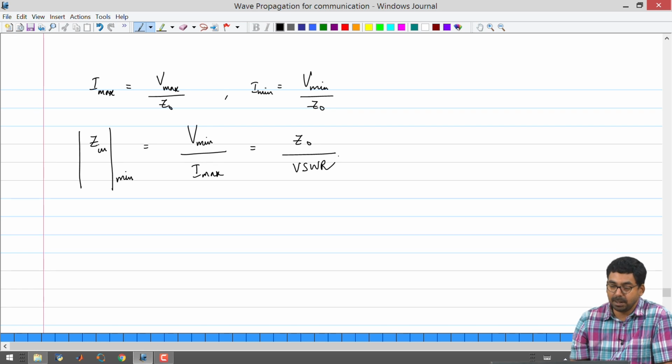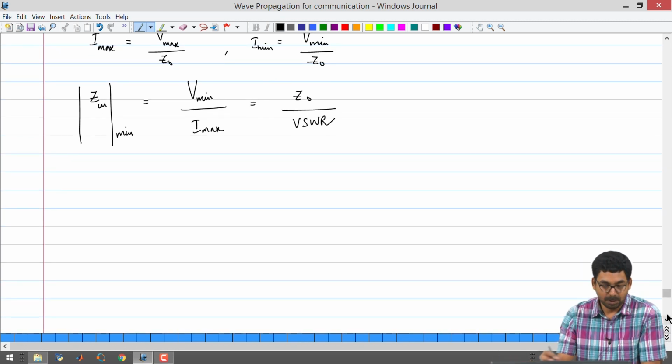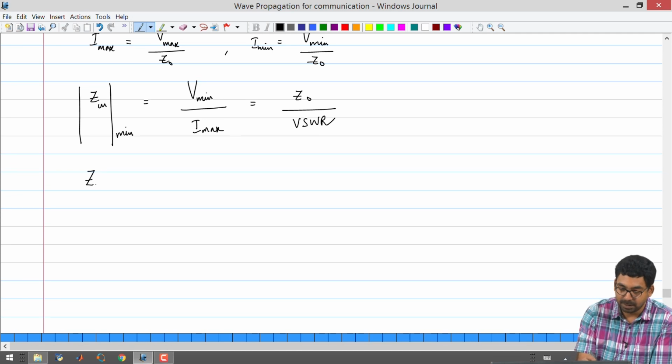It is going to be Z naught divided by VSWR. Now, you can notice that the VSWR goes from 1 to infinity. So, the maximum Zin that you will be measuring is Z naught, minimum is 0.